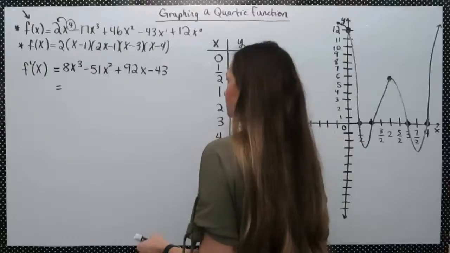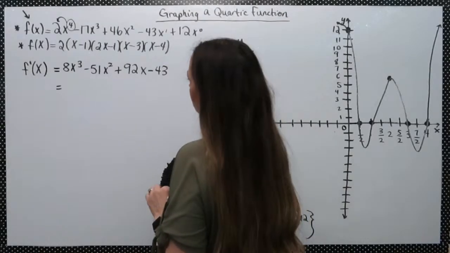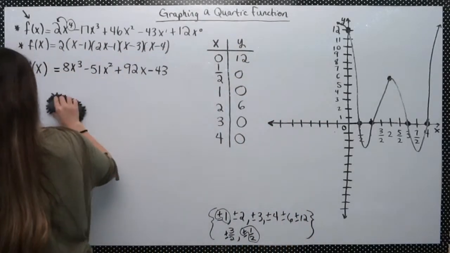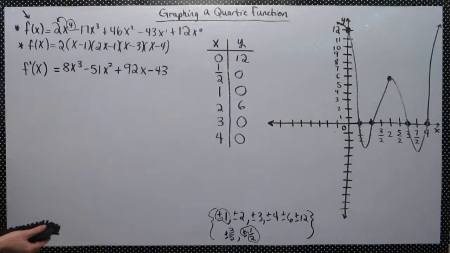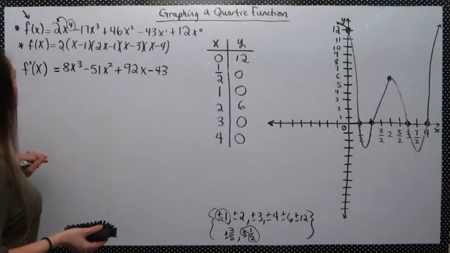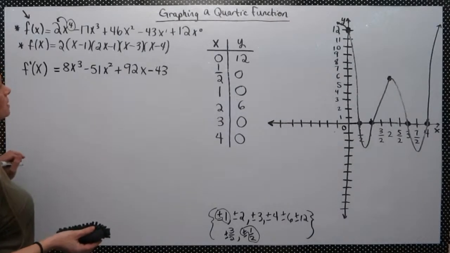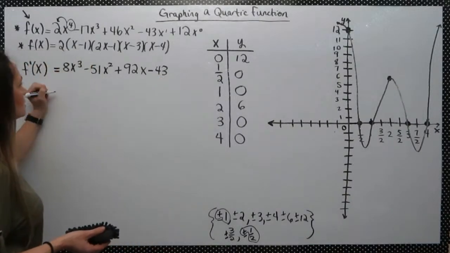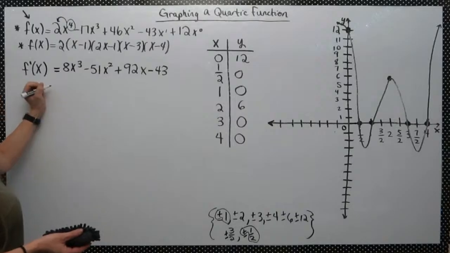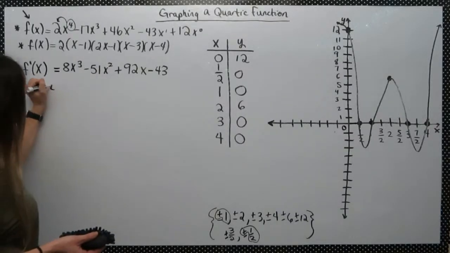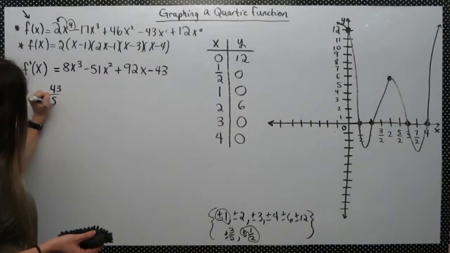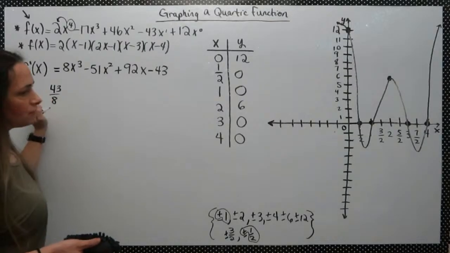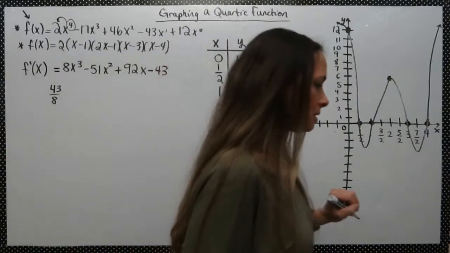All right, so this is the first derivative, and this is going to help us now. How is this going to help? 43, let's see. 43 does not divide 8 evenly, and 43 is prime, I think. Hang on.